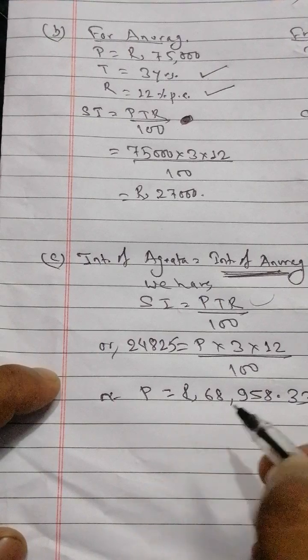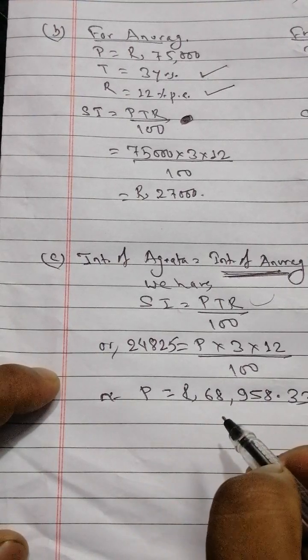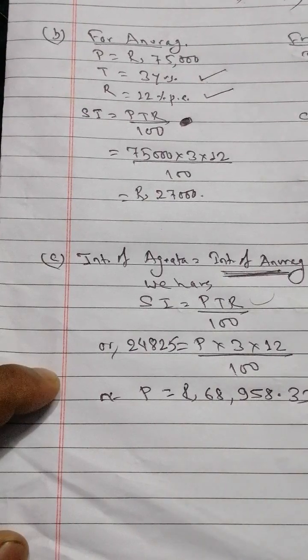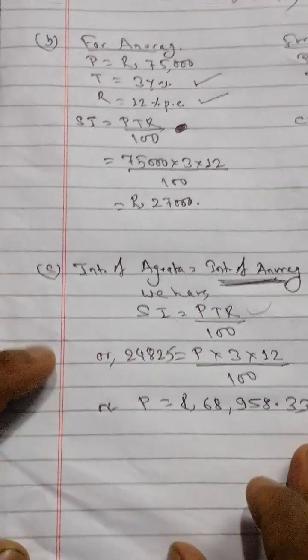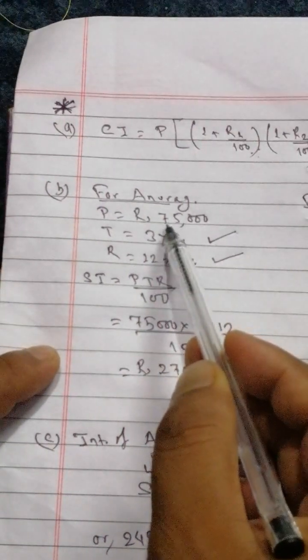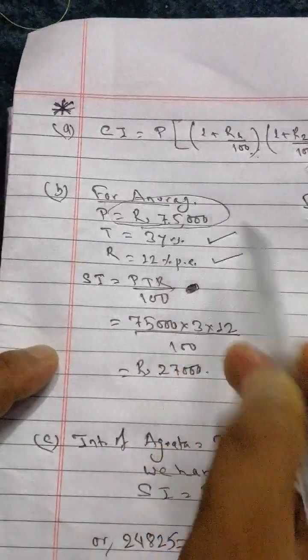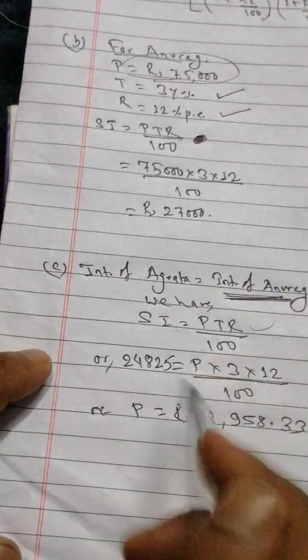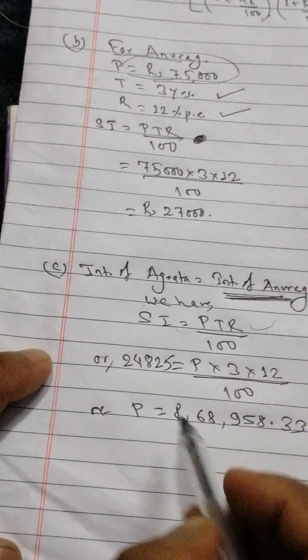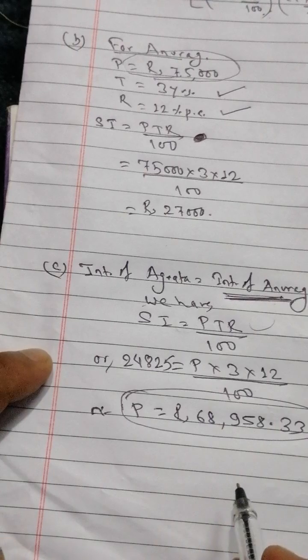Now the question is, how much less or more money should Anurag have to invest to get equal interest with Agrata? Now before he has invested rupees 75,000. Now if the interest of Agrata and Anurag are equal, he has to invest just rupees 68,958.